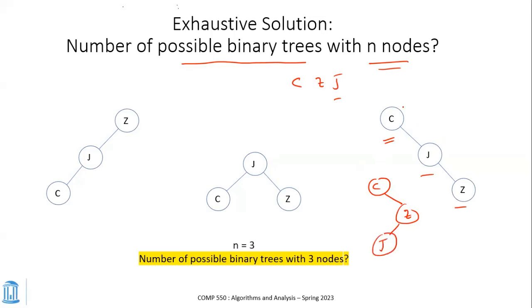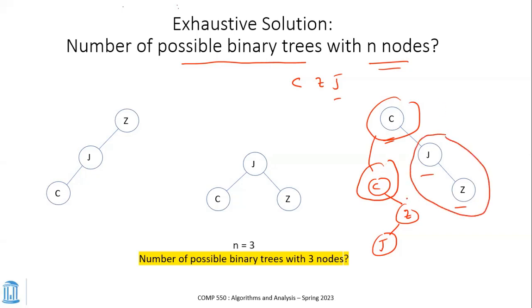Okay, so you can see that these two are similar in that the root is the same, but the subtree is different. So the subtree over here is a variation. So is there another subtree that we're missing out?